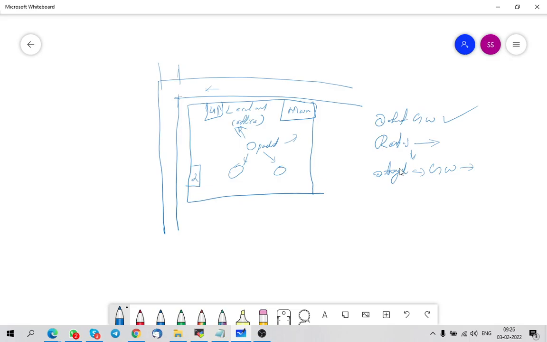Suppose we say that if you want to go to MG Road, you use this, and if you want to go to Richmond Road, you use this. So here we say MG Road is my destination, use gateway 4. For Richmond Road, use gateway 2.